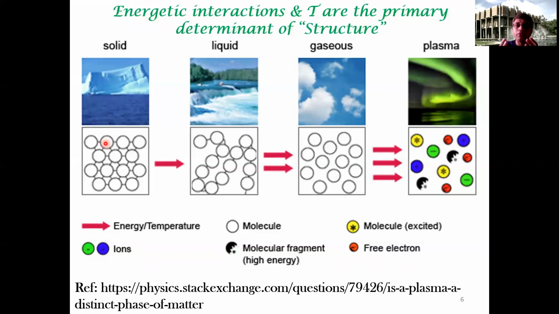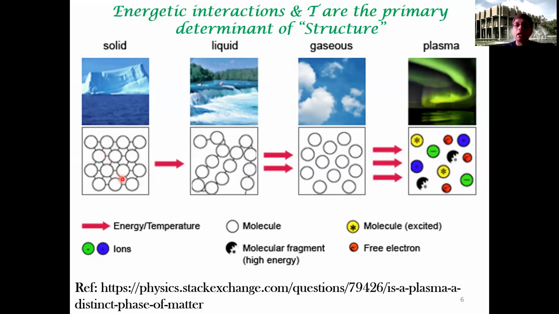The comparison between these two is going to determine whether your system is going to be a solid, liquid, or a gas. Supposing we fix the energy scale by, let's say, the arrangement in a solid, where you quantify the interaction of this particular atom with its surrounding coordination atmosphere.